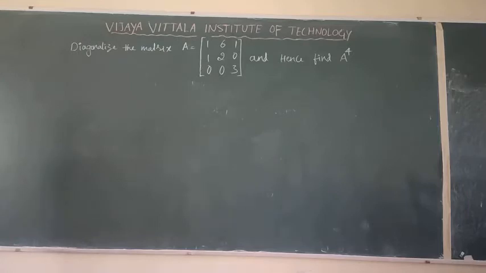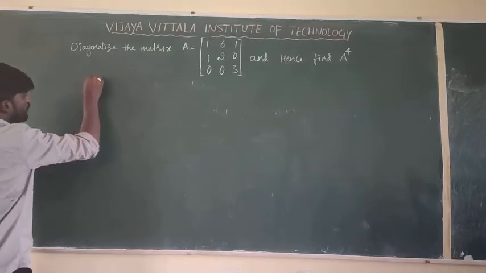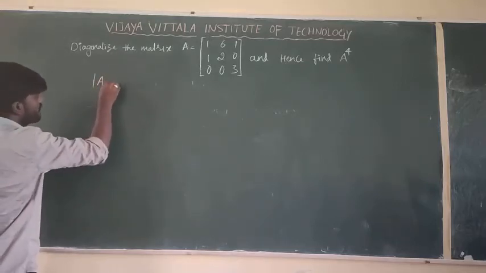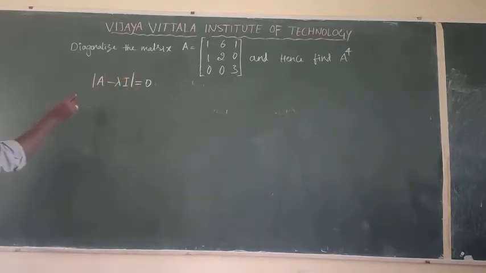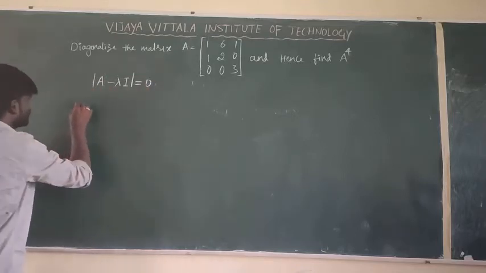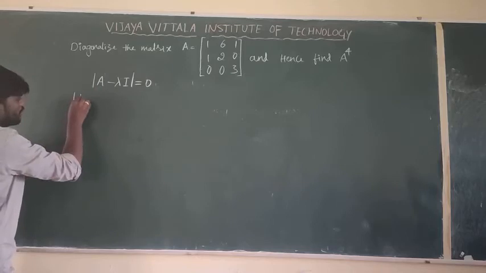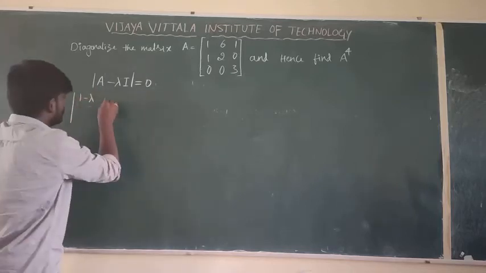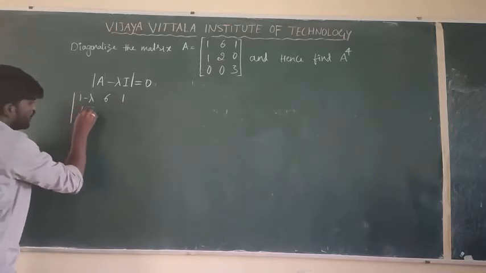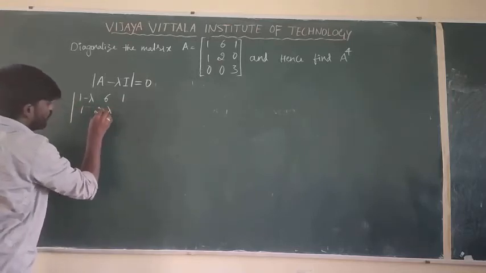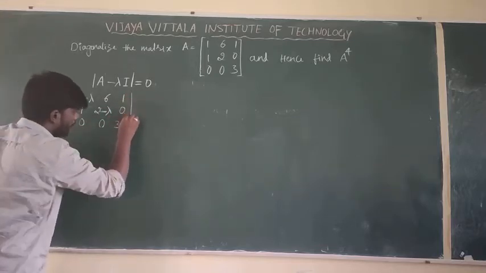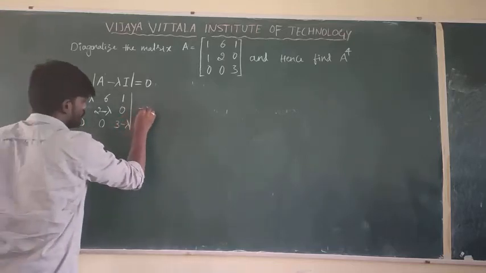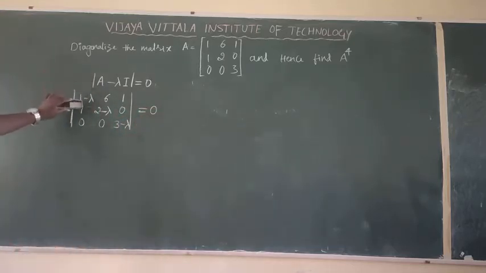The characteristic equation is determinant of A minus lambda I equals 0. Applying it to this matrix, we get the determinant of [1 minus lambda, 6, 1; 1, 2 minus lambda, 0; 0, 0, 3 minus lambda] equals 0.